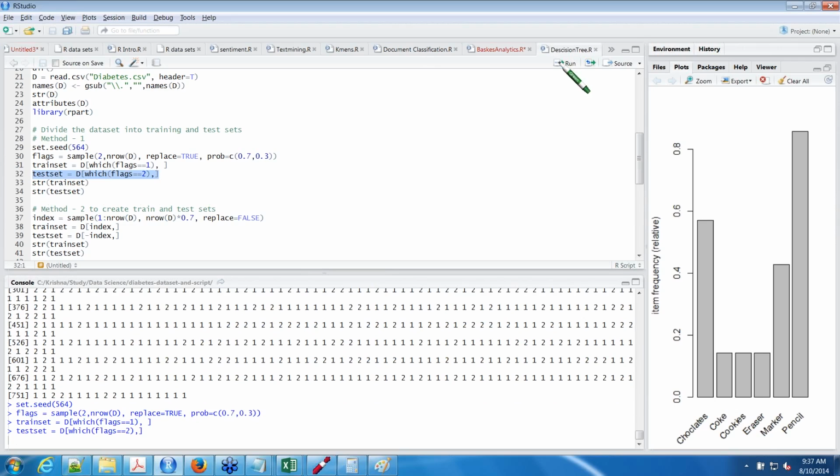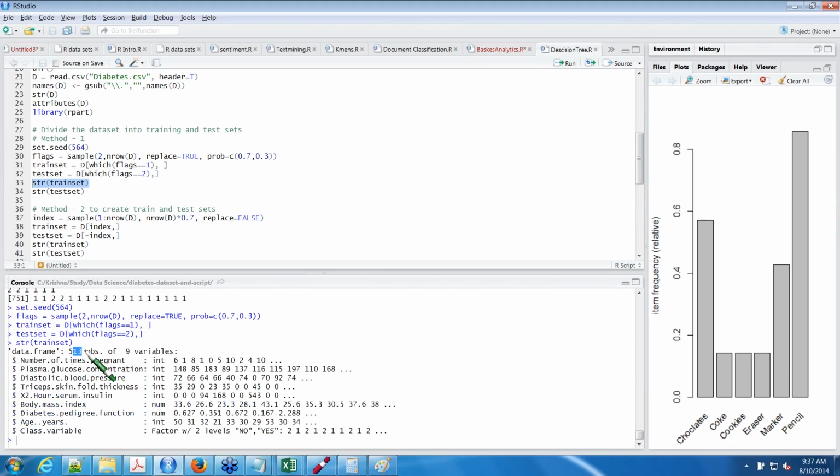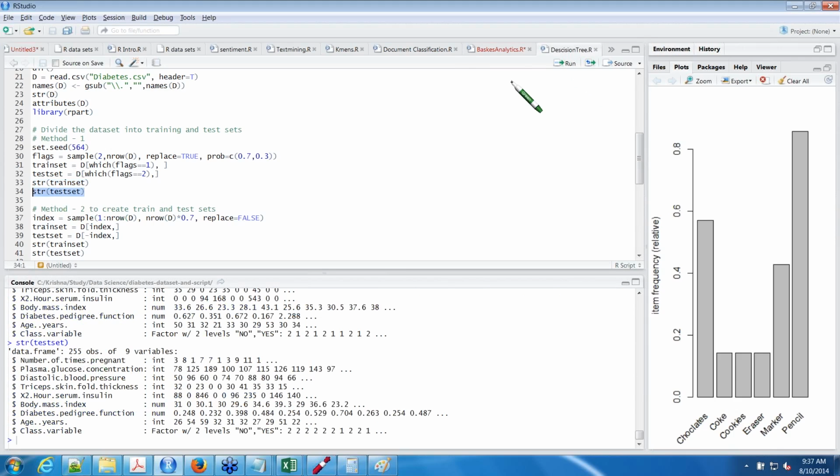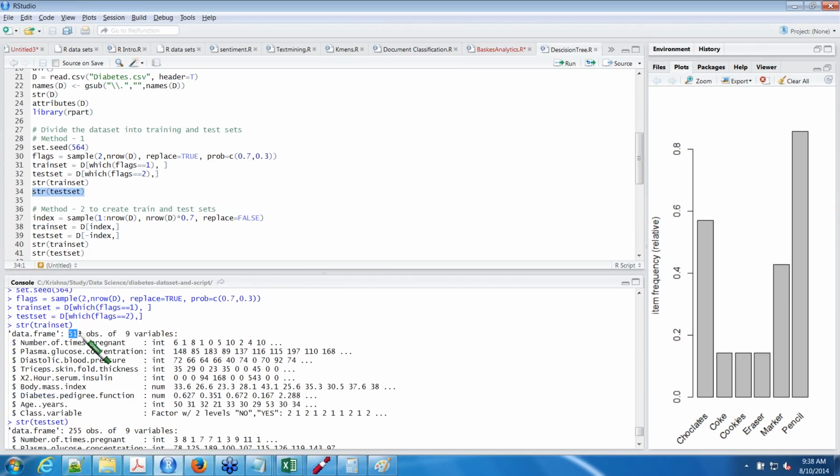And the second sample is going to be the testing, 30% of records. So if I see the data, there are 513 observations for training, okay, and 255 for testing. Out of 768 records, 513 went for 70% for training and 255 is for testing.